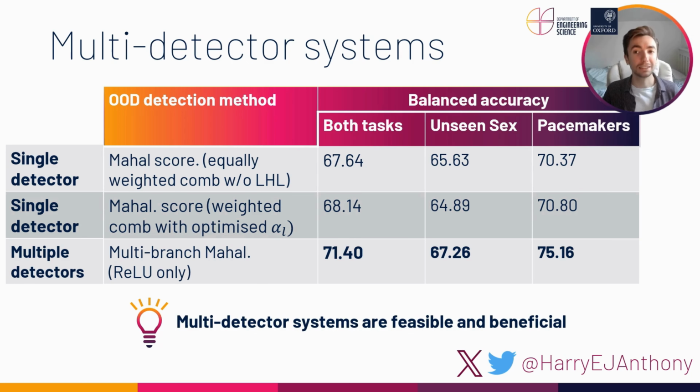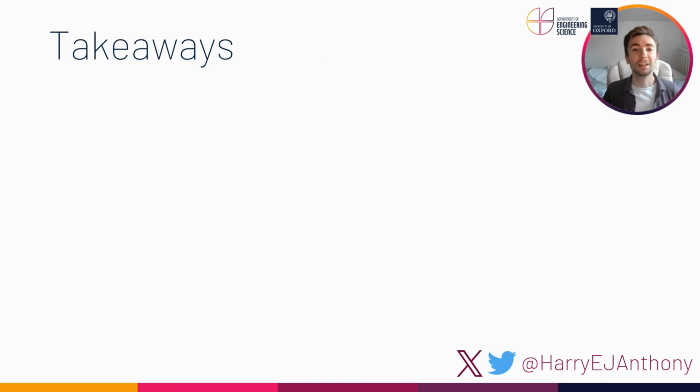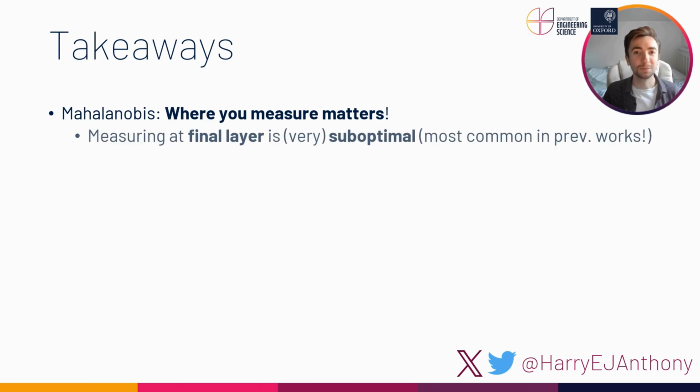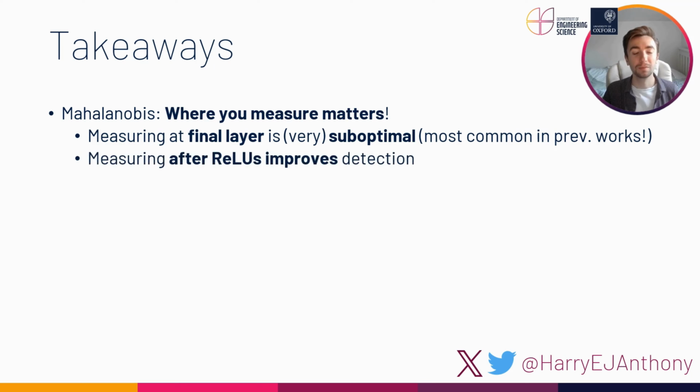So, to summarize the key takeaways of this talk, where you apply Mahalanobis distance matters. Applying it on the last layer of the network can be very suboptimal, despite being the most common practice in previous works. Moreover, we saw that measuring Mahalanobis score after a ReLU operation generally improves the out-of-distribution detection.